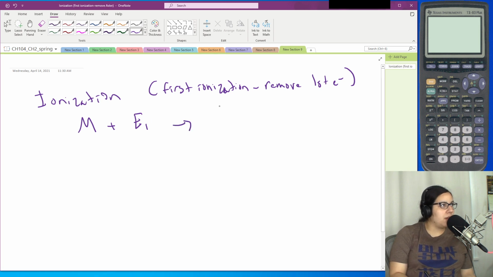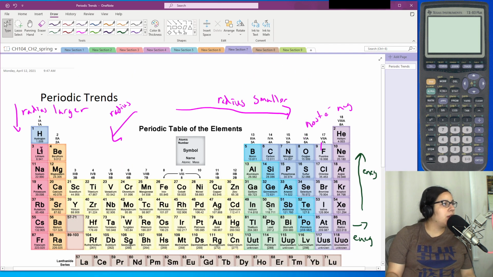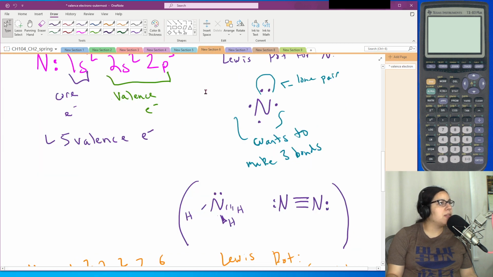And so if we look at ionization energy, what we would expect then is, maybe you can tell me, which elements are we kind of getting the sense that they want to lose electrons?